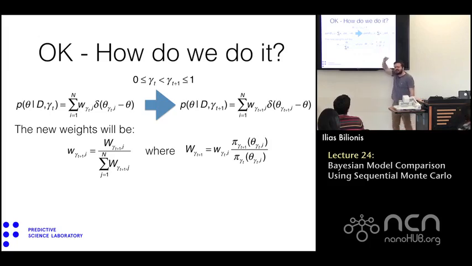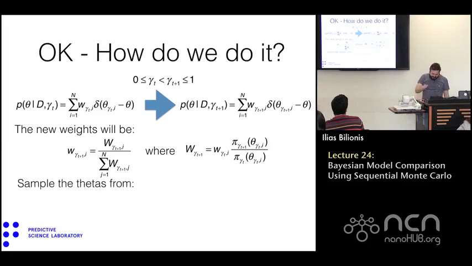So this is like the ratio you had in MCMC, but for 2 different distributions. Now, why is it this one? You need to read Doucet's paper to understand why it's this one. I'm giving you sufficient information to implement it. I'm not really telling you why it works, because to tell you why it works, it would take me 1 hour. And I do not think that anybody would follow me, except perhaps the mathematicians.